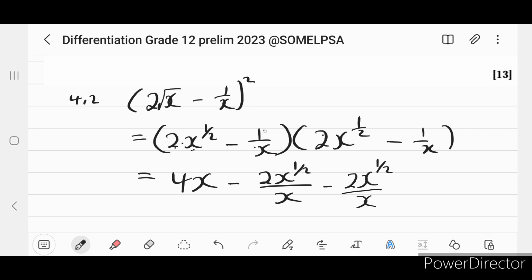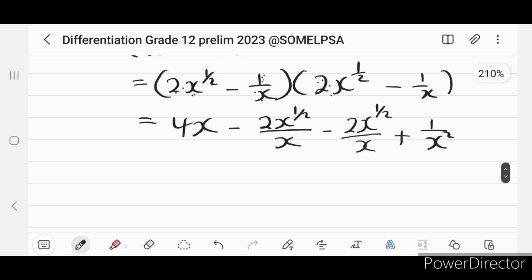Remember, when you multiply a fraction with a single term, you always multiply the single term with the numerator, and the denominator stays x. Then this times this is plus 1 over x squared.